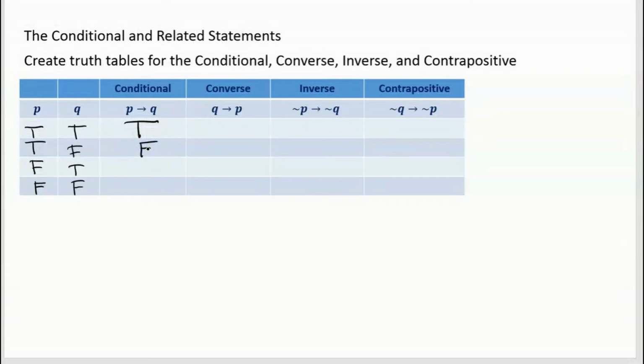If the first thing happens, but then the outcome does not happen, that is definitely a lie. But then we decided when we did these that if false, we really don't know what should happen after that. So that was true and that was true. So if you have false first in a conditional statement, then the outcome is true.